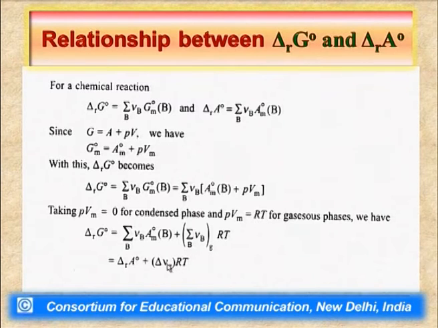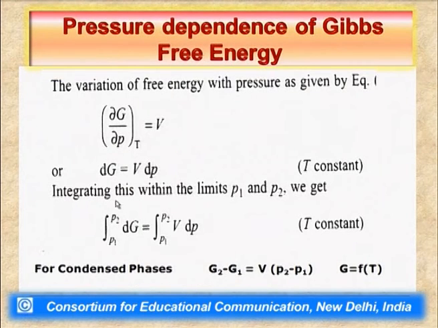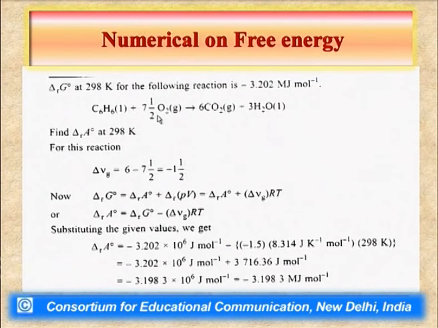The summation of nu B therefore is delta nu G, because nu has a plus sign for products and a minus sign for reactants, and G is written here because we are going to consider only those chemical species in the reaction system which are gaseous in nature, because all others do not figure in, as we have already discussed in our previous lecture. So, delta R G standard equal to delta R A standard plus delta nu G RT. This is our formula to calculate Helmholtz free energy.